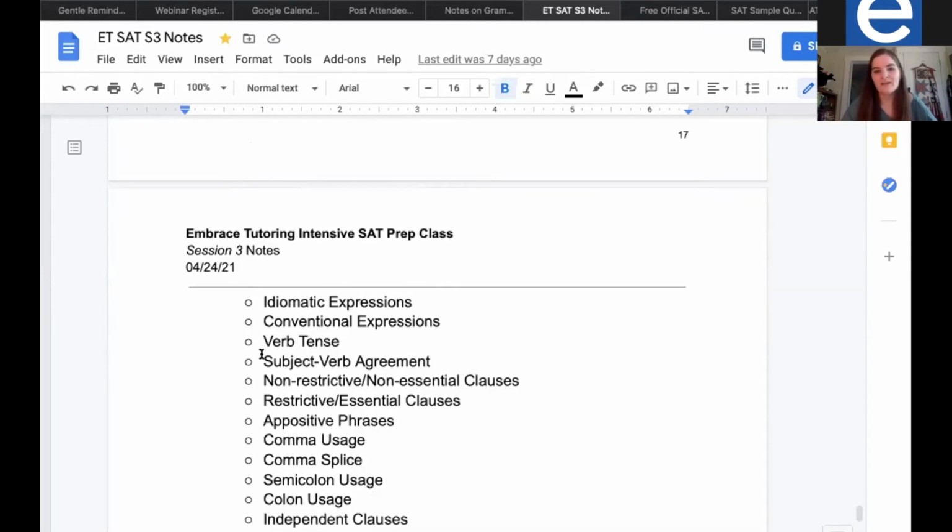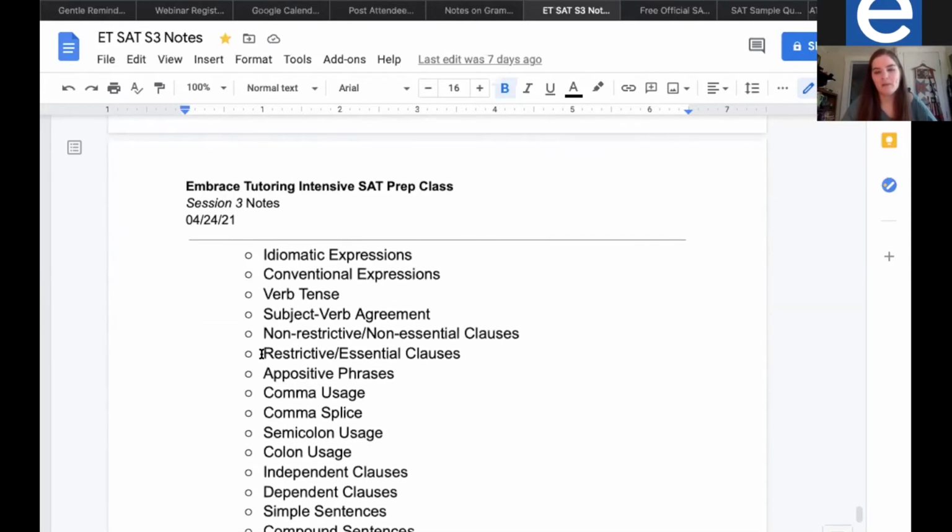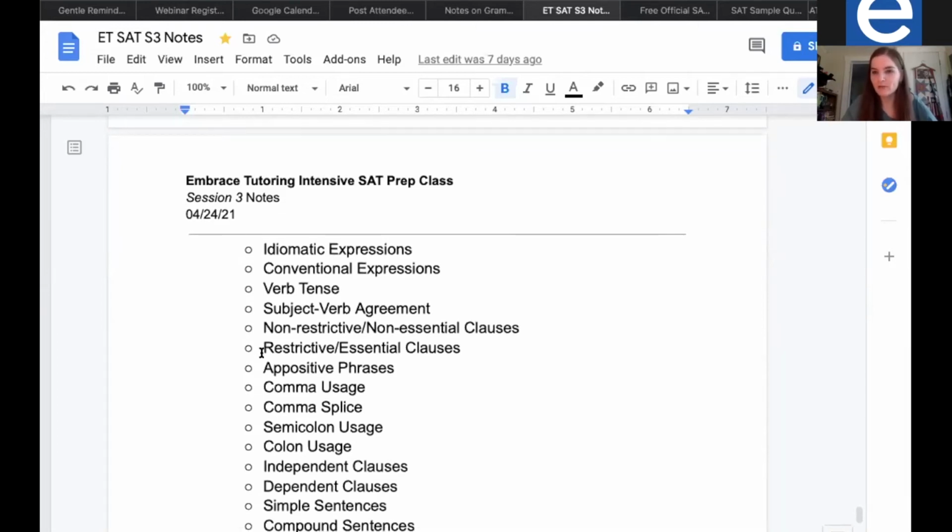We also have things like idiomatic expressions. So these are features of our language or phrases that have come down over time that native speakers typically learn naturally through language or even through school, where you are dealing with specific ideas that are conveyed through language in a way.